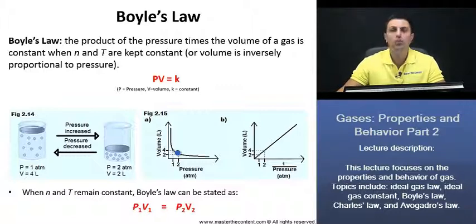Now, if we wanted a straight line, we can obtain a straight line. If we take a look at figure 2.15b here, we see that we have the plot of volume versus the reciprocal of pressure here, and we have a straight line. Now, what do we think is the slope for this straight line here?